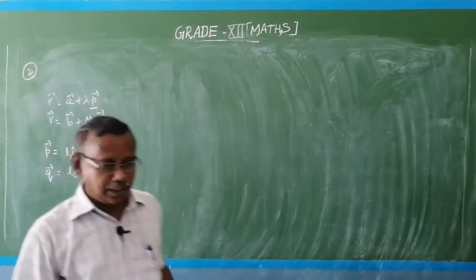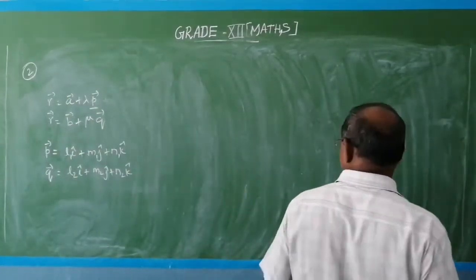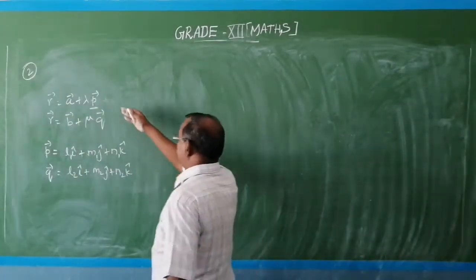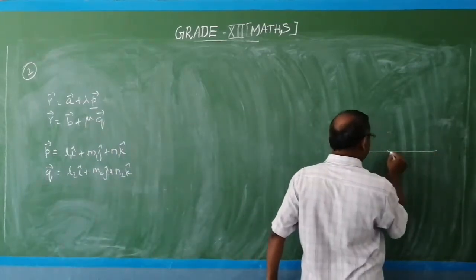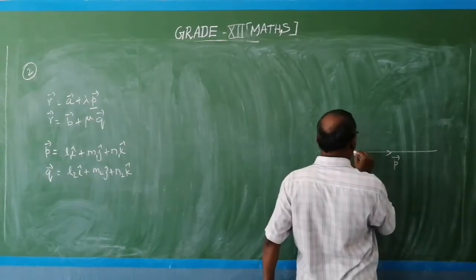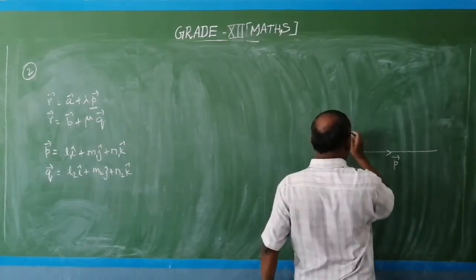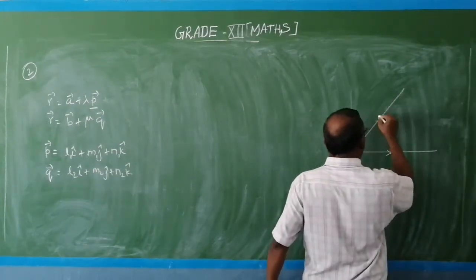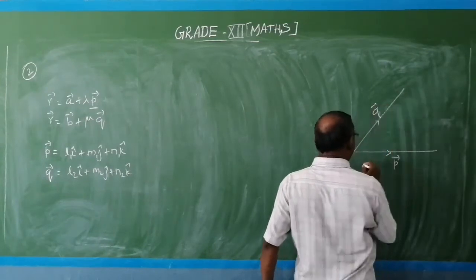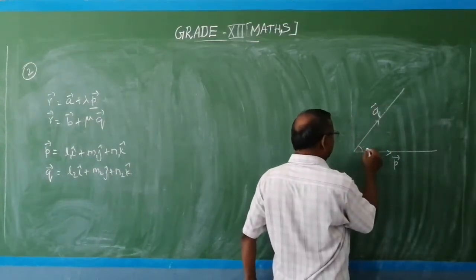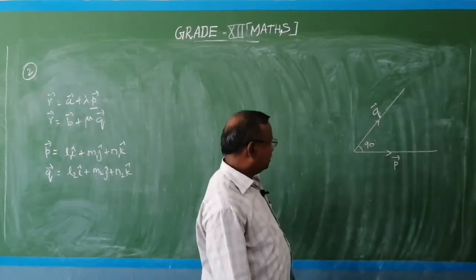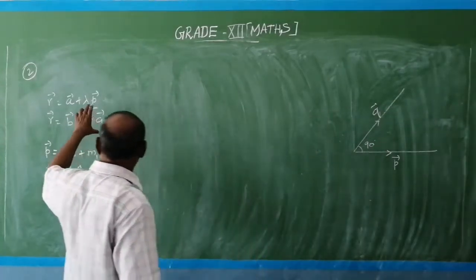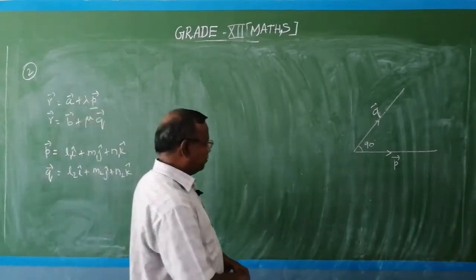Since the lines are mutually perpendicular, the vectors p and q must be perpendicular. Considering the diagram, p vector and q vector are perpendicular to each other, with the angle between them being 90 degrees.